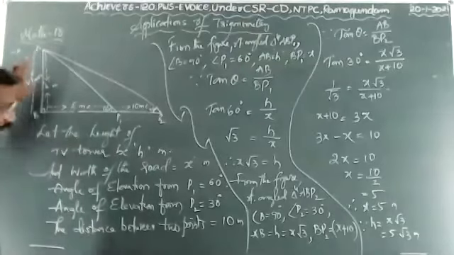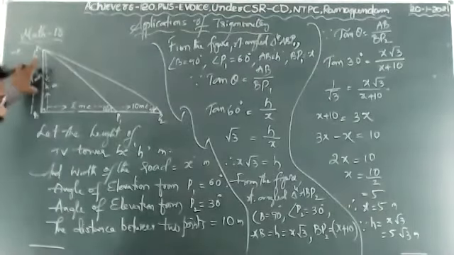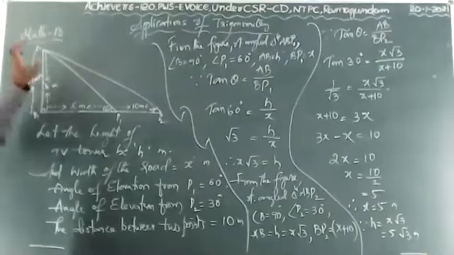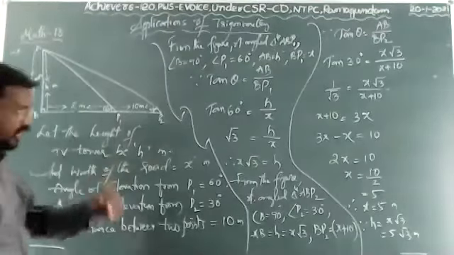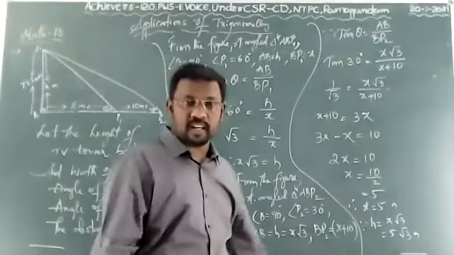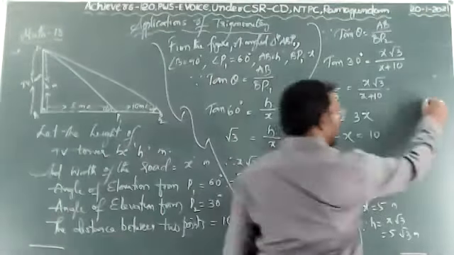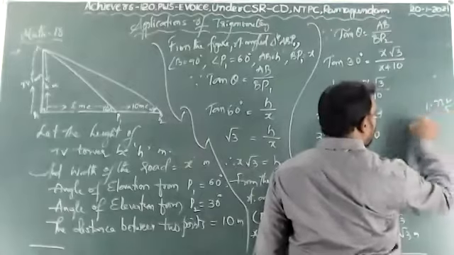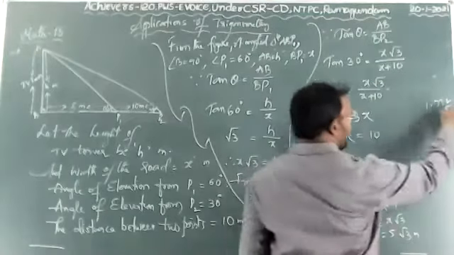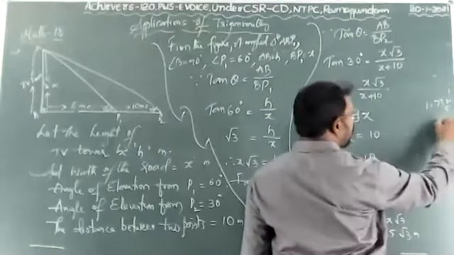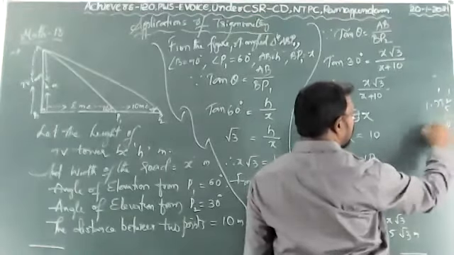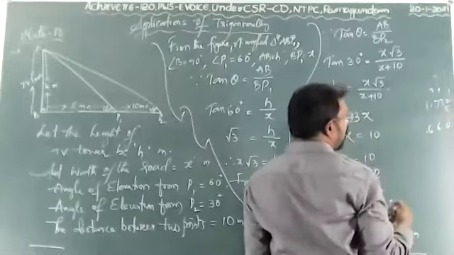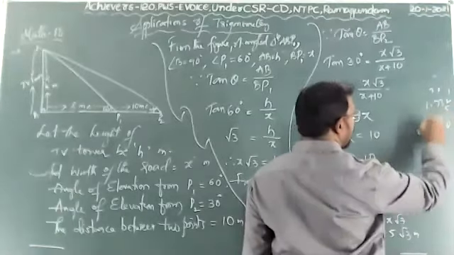And height of the TV tower is 5 root 3. You can take the root 3 value as 1.732 if you want. 1.732 into 5: 5 twos are 10, 5 threes are 15 plus 1 is 16, 5 sevens are 35, and so on.